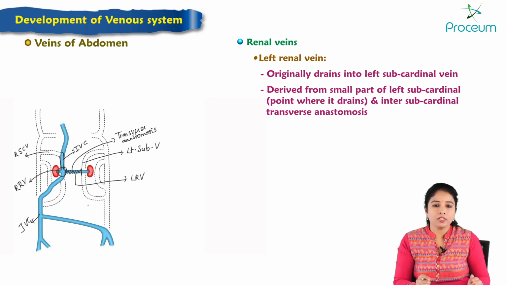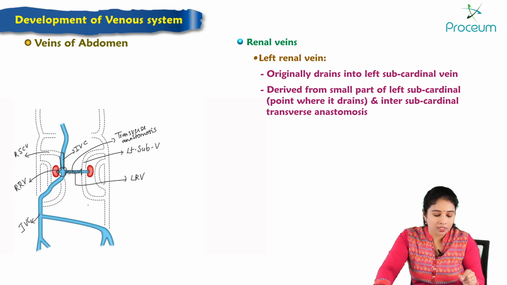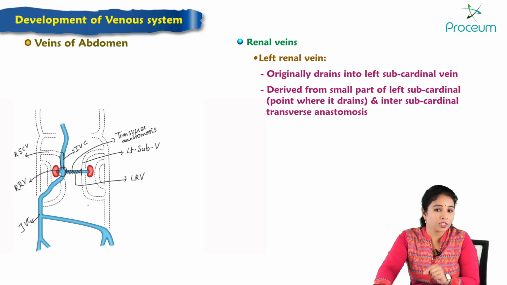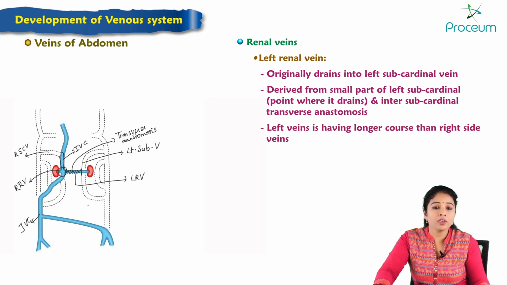So intersubcardinal transverse anastomosis also gives rise to left renal vein. So the left veins are having a longer course than the right veins.